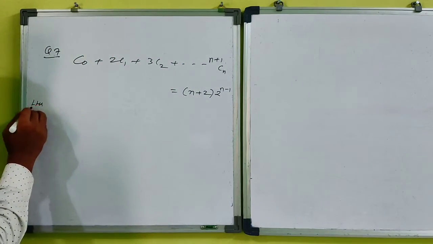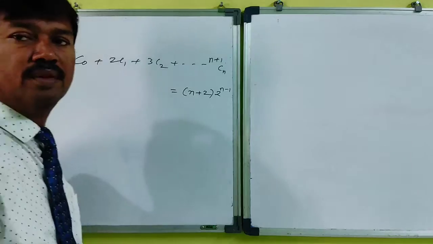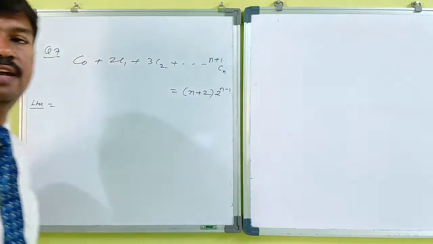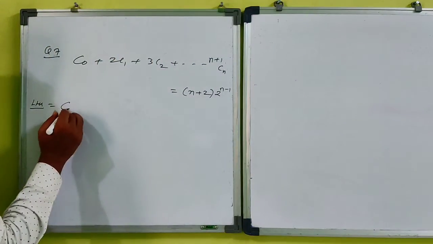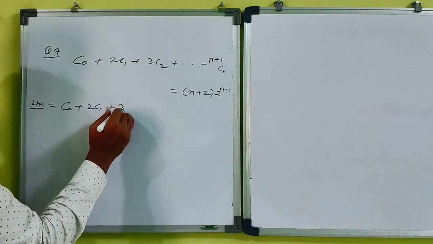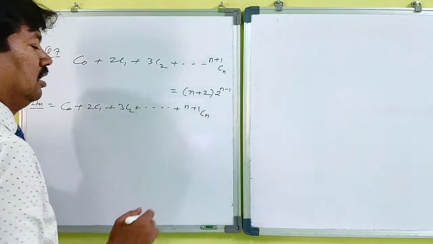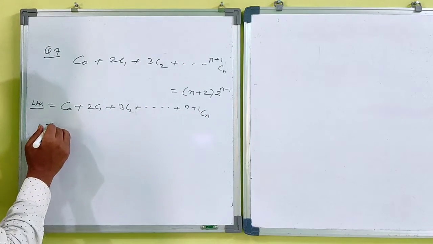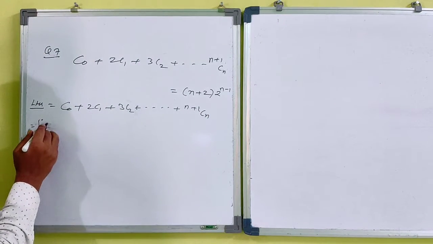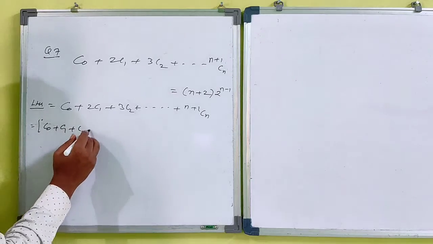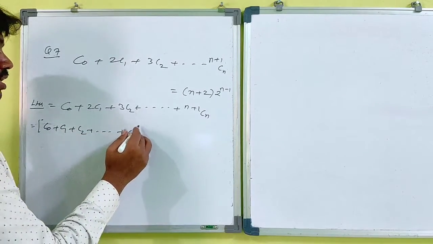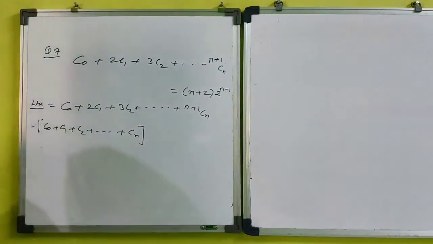So we start with LHS here. What is the left side here? C0 plus 2C1 plus 3C2 like this, and plus (n plus 1)Cn. Now we will make two brackets. C0, C1, C2 up to Cn, that is one bracket.